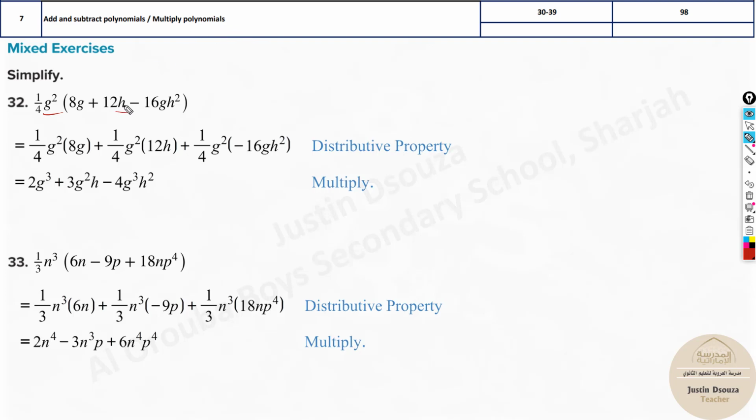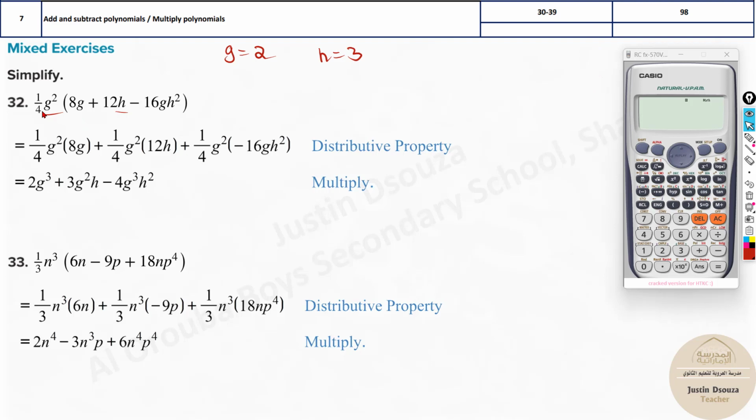I generally assume numbers like 1.5, 2, 2.5, and so on. Now, to make it easier, you can use a whole number. I will assume G equals 2 and H equals 3. Avoid 1. It's fine, but more often you might get errors. Now let's take out our calculators. Here we will have to substitute.